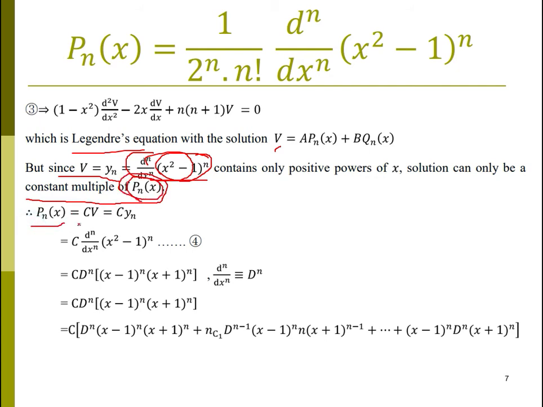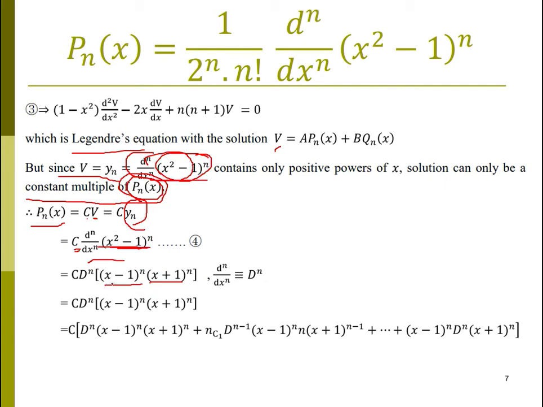So Pn(x) is equal to a constant times v, which is C into y_n, where C is a constant. Put the value of y_n equal to this. But x² − 1 is equal to (x − 1)(x + 1), raised to n.